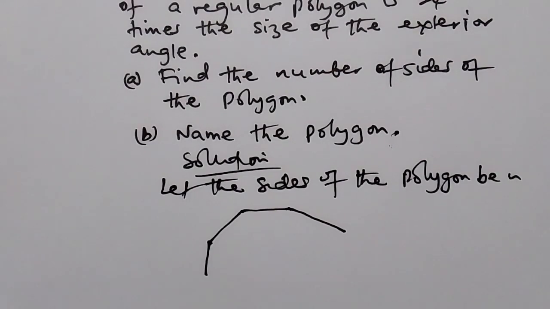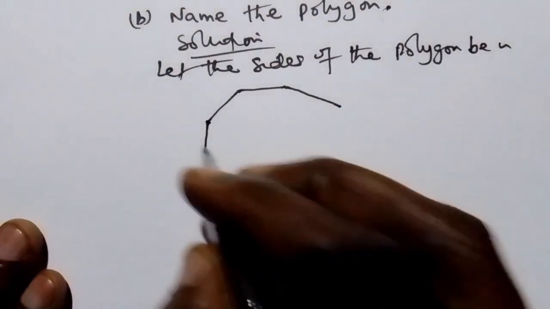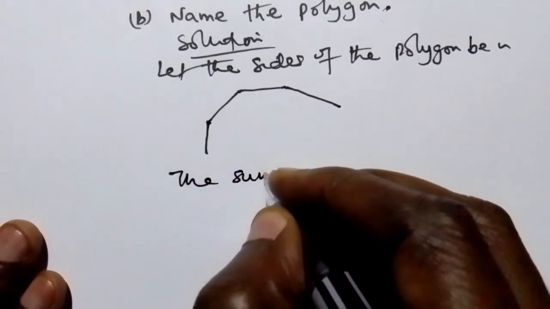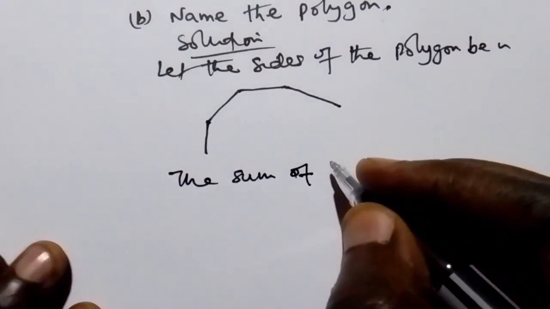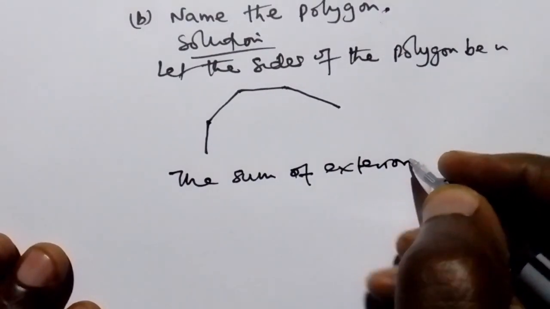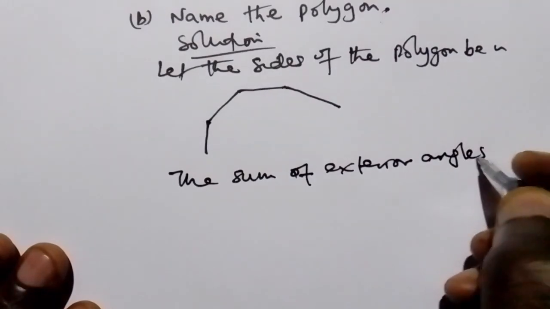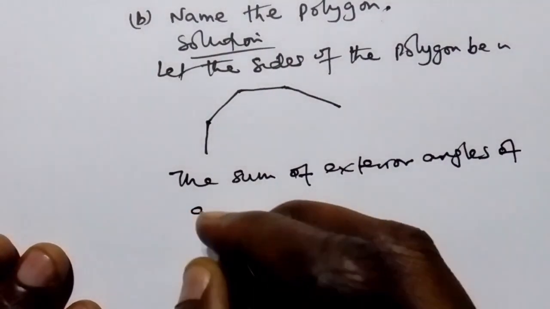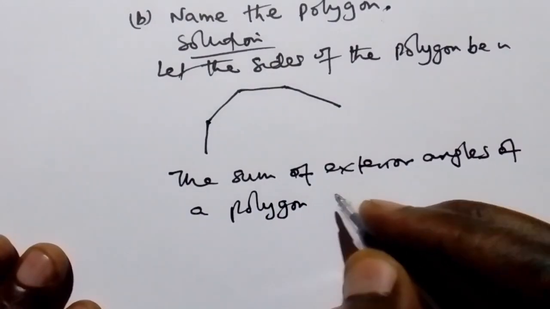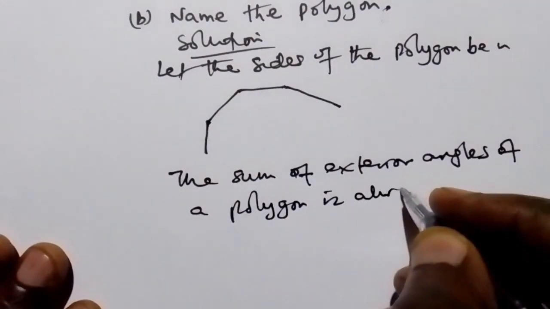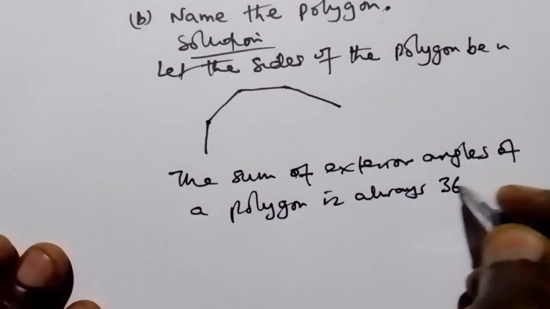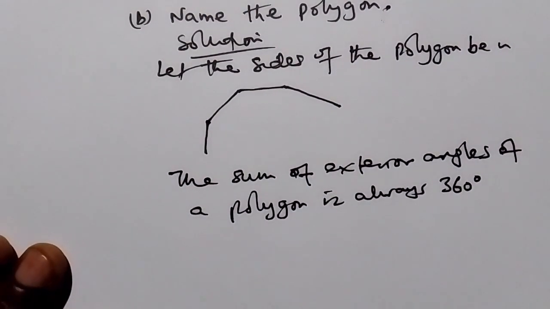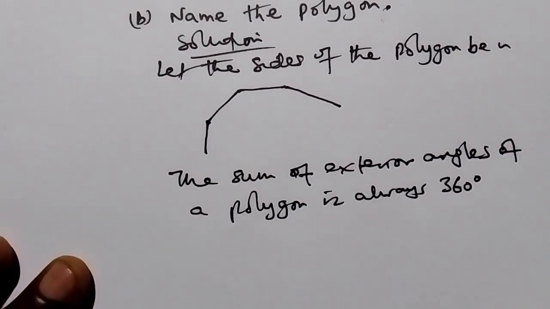The sum of exterior angles of a polygon is always 360 degrees.